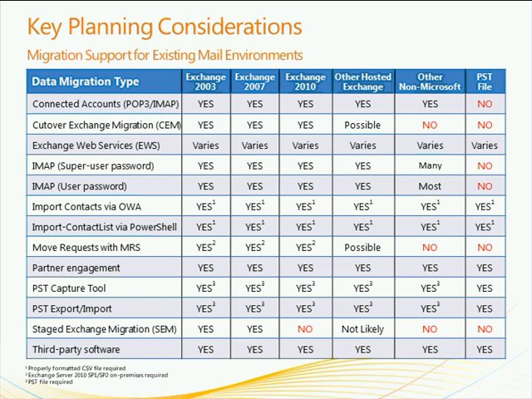One that I'd like to point out is the Staged Exchange Migration tool. That's a specific data migration tool that's available with Office 365. That tool does not support Exchange 2010 on premises. It does support 2003 and 2007.